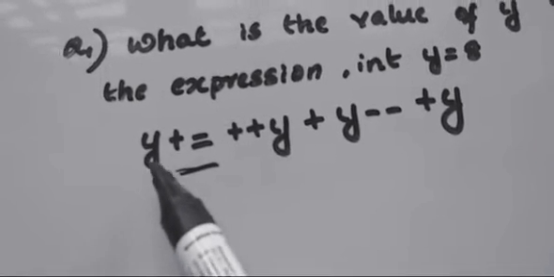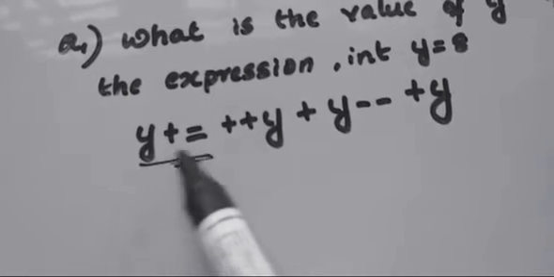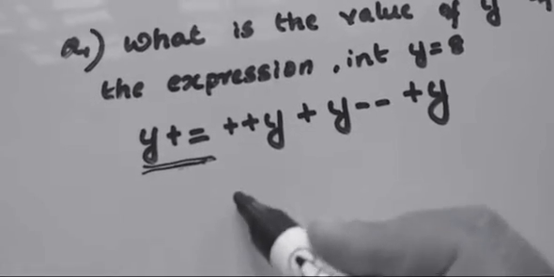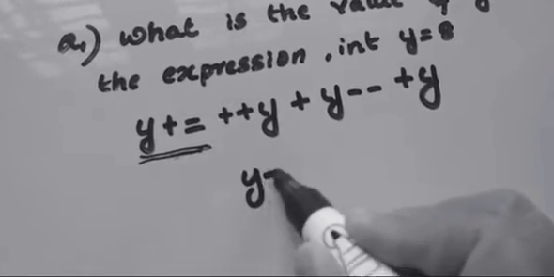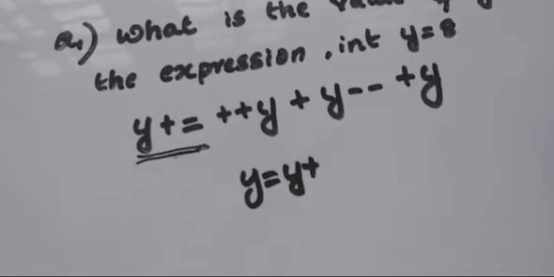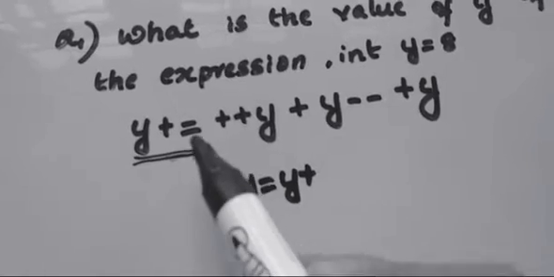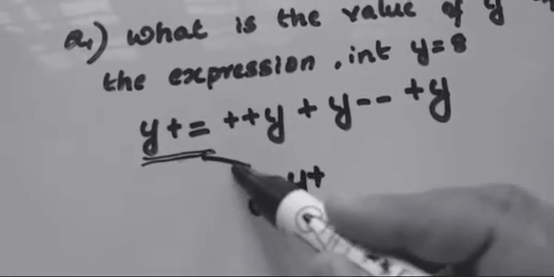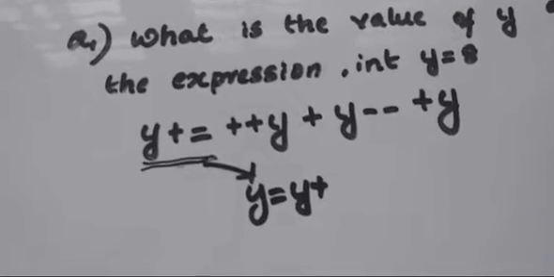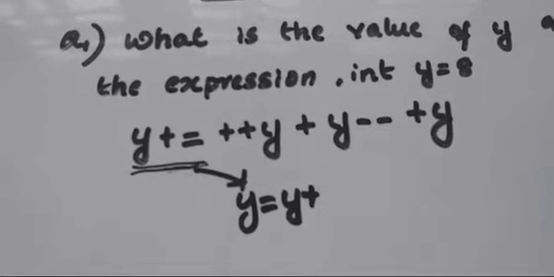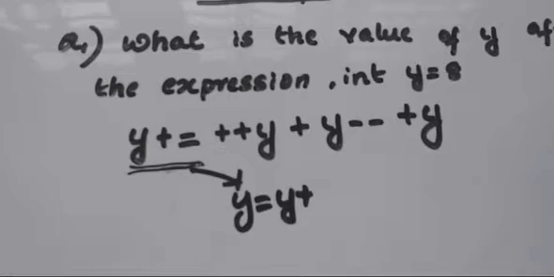So the first thing is we want to expand this, y +=. What is the meaning of y +=? The meaning of y += is y = y +. So we have expanded this as this. This is the expanded form. y += is y = y +. Clear?